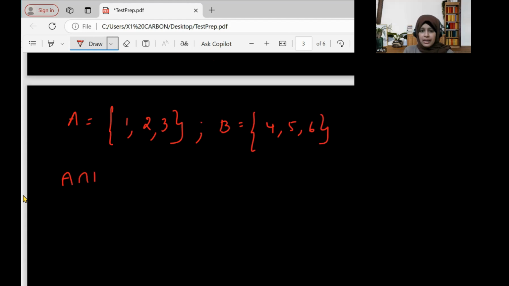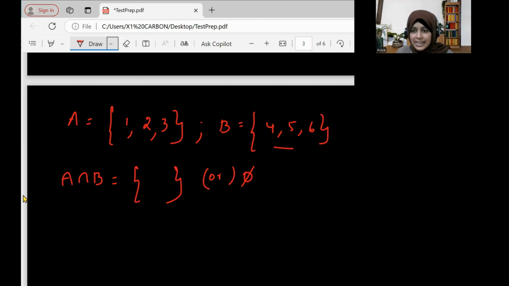A intersection B, I will have to write the elements that are common to both the sets. 1, 2, 3, I do not find 1, 2, 3 in B. B contains 4, 5, and 6, which I do not find in A. So there is no element that is common in both A and B. So my A intersection B will be my null set, or phi.